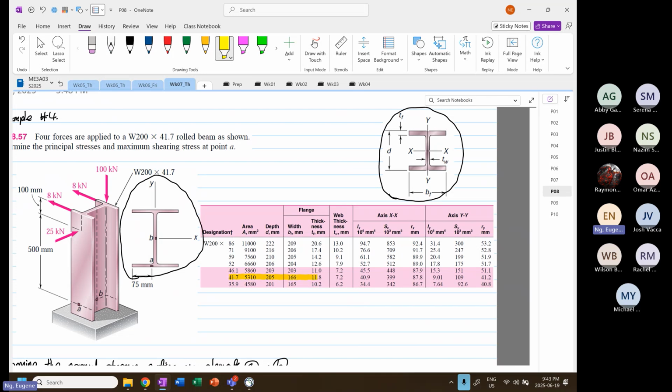I'm highlighting. So all information is provided. As I said, you must make sure that the X over here and the X over here have the same orientation. Then you're okay. If not, you have to adjust.